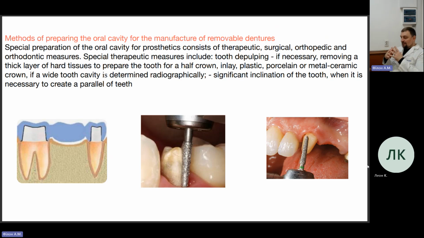But it's better to leave him alive, with a nerve. Yes, because if you do endo, from that moment the tooth is dead. Better to leave it alive.